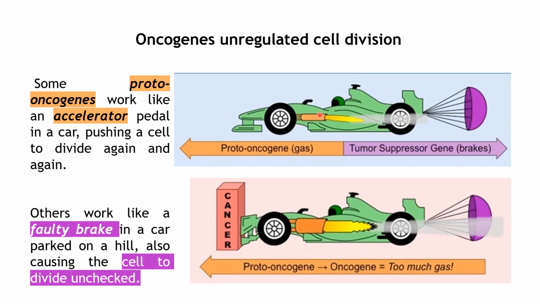In the same way, any tissue requires that the cells divide, but it also requires that you have brakes to stop those cells, those tissues, from proliferating. So there are two main components in this car: gas and brakes. In cell division, seen from the perspective of cancer, you have two types of genes.